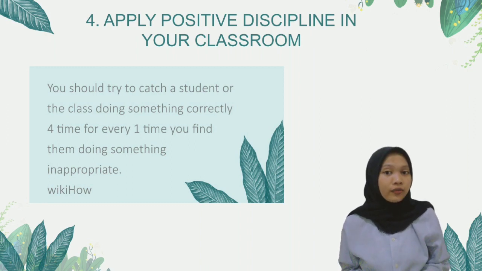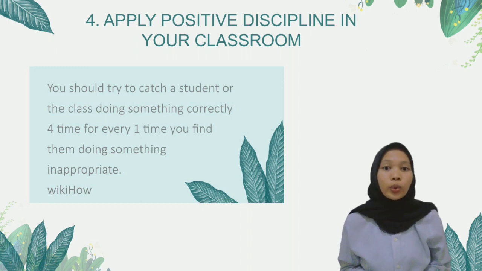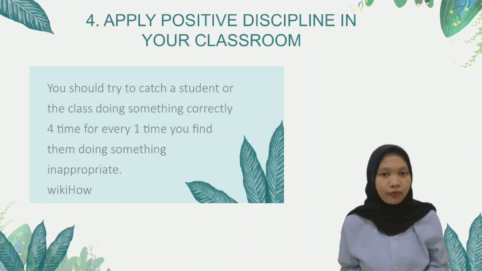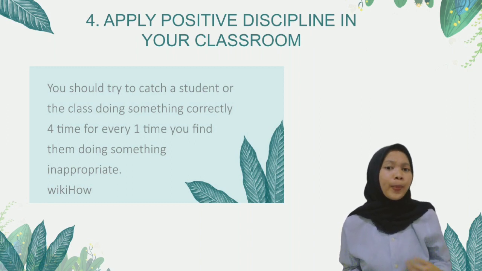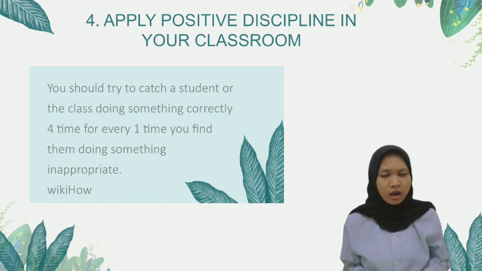Keep in mind, positive discipline can fail if the student or the class is not rewarded quickly enough and clearly enough. Make sure you always follow through with a reward for appropriate behavior. And always emphasize the task rather than the behavior.